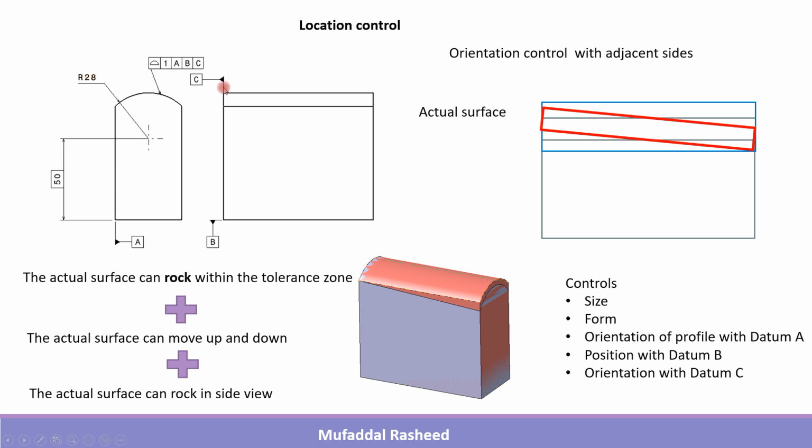and C. Now, what this does is, this basically controls the orientation. As we have seen, the rocking within the tolerance zone is controlled with respect to datum A. Also, it controls the rocking of the whole surface with respect to datum C. So if we consider the side view, which is this view, and this is datum C, the surface can be oriented like this.